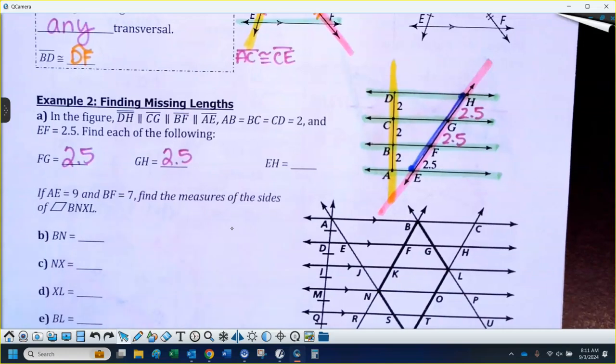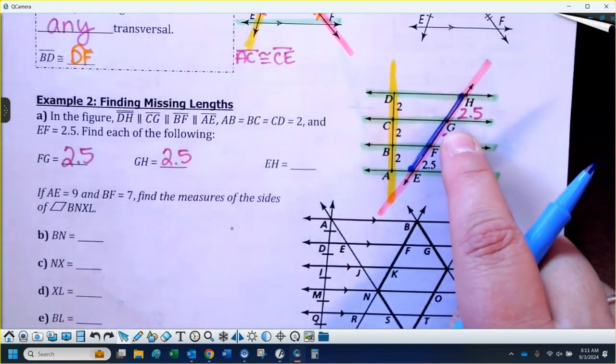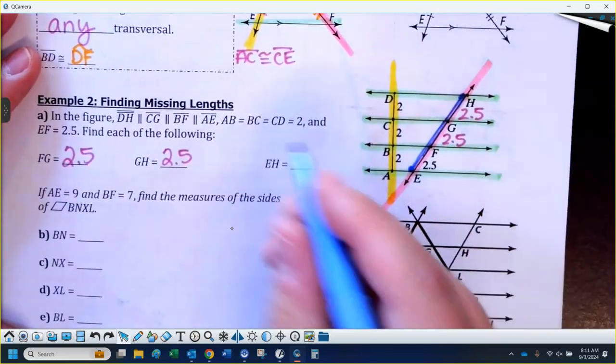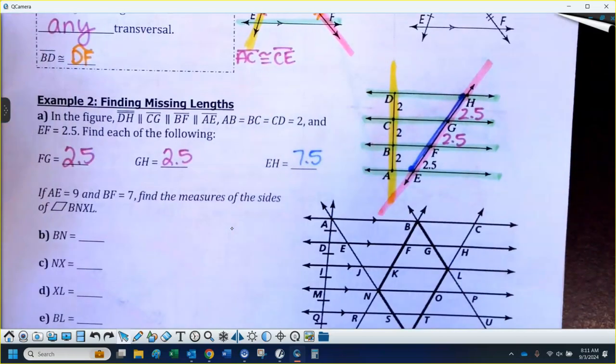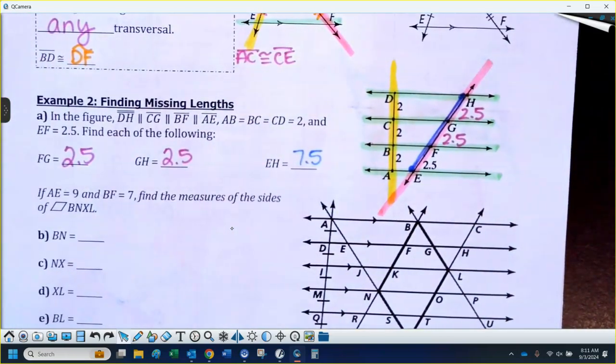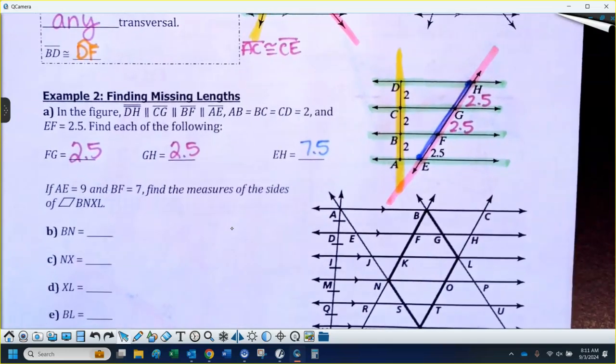Or how could I figure it out? I feel like somebody just said it. 7.5. 2.5, 2.5 is 5, another 2.5. It's just adding all those together. This is 7.5. It's not bad. I would just encourage you, just draw on the picture. It'll make it so much easier.